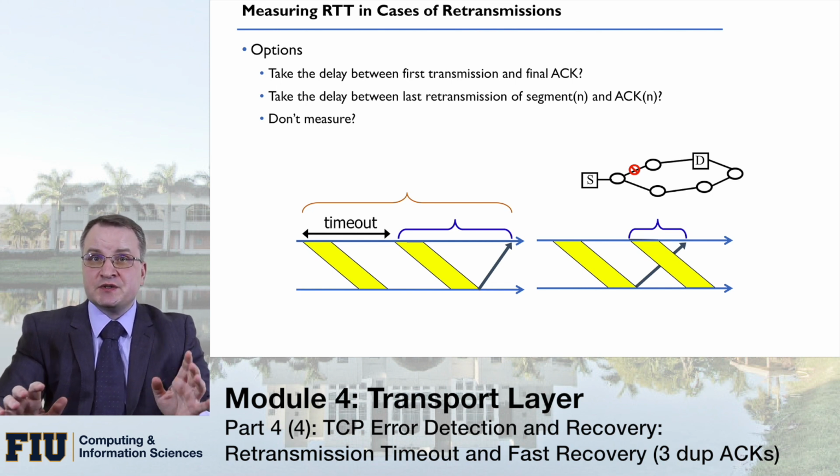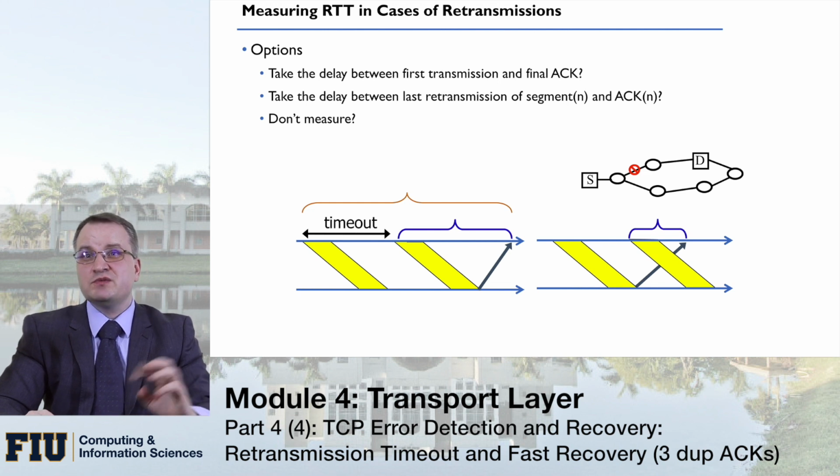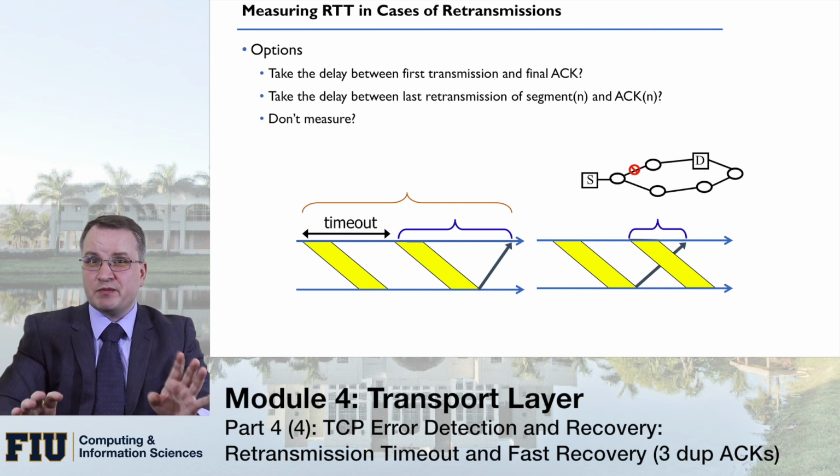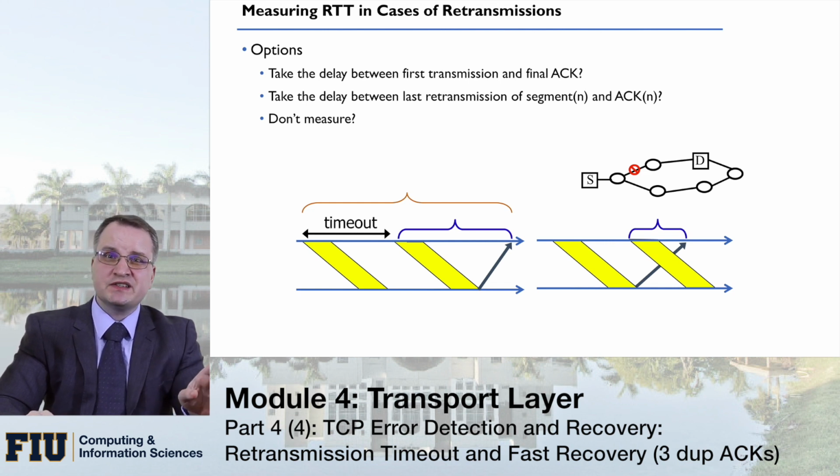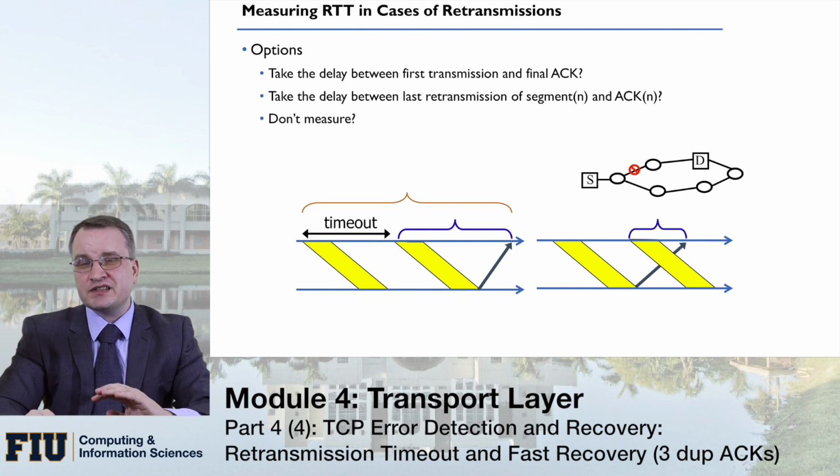So the options here are effectively multiple. You can assume that it was the delay from the first transmission, you can assume that it was the delay from the second transmission, or you can simply not do the measurement. The first two options are actually not that great, because in one case they will overestimate and in the other case underestimate the RTT sample, which will screw up the RTO calculations.